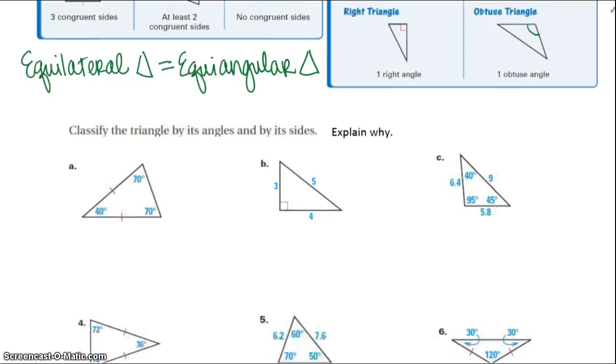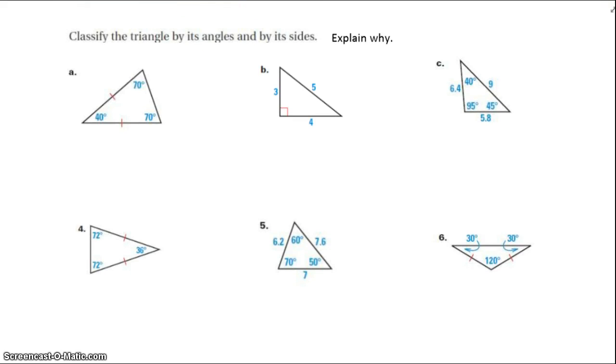Okay, so let's go down here and let's classify the triangle by its angles and its sides. And it says explain why. I don't want you guessing. So first let's talk about its name by its angles. Looking at all these angles, is this acute, right, obtuse, or equiangular? All of the angles here are less than 90 degrees. So all angles are less than 90 degrees.